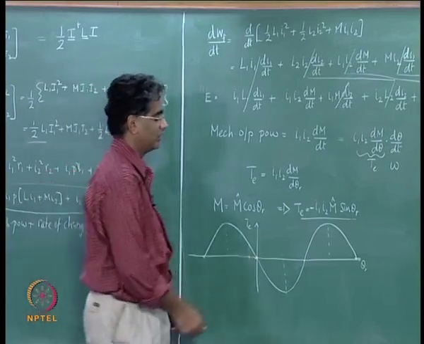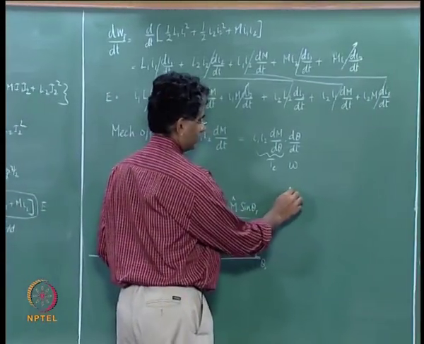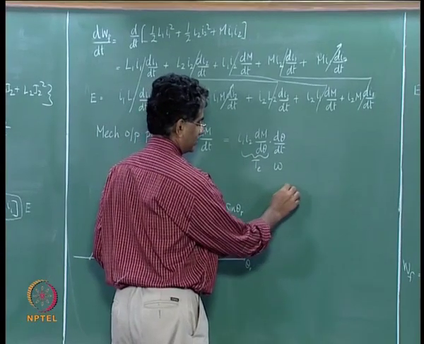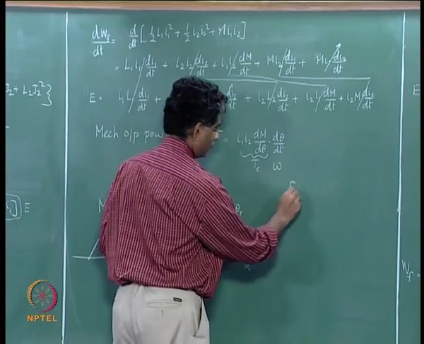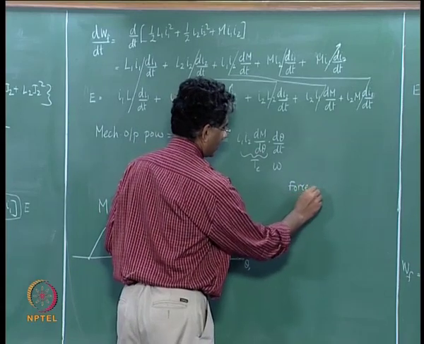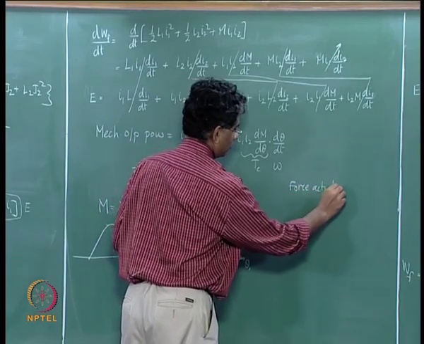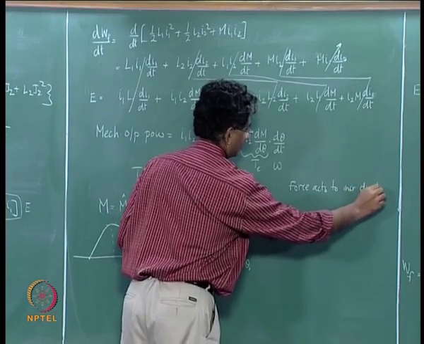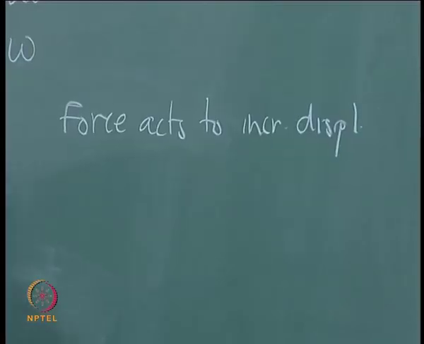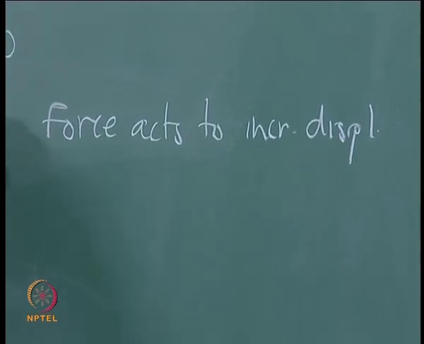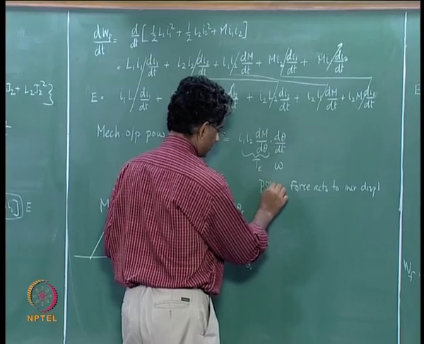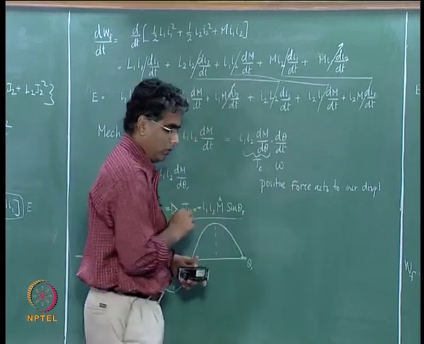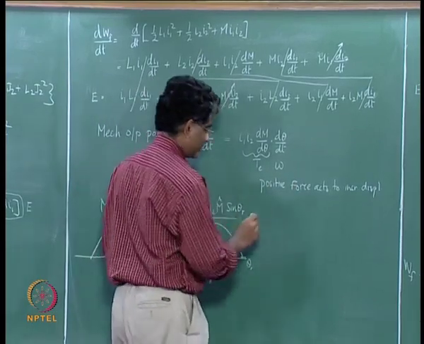Please remember that we are having a situation like in the earlier case of the linear motion, force acts to increase displacement. This is the notation we are following, that is positive force acts to increase the displacement.